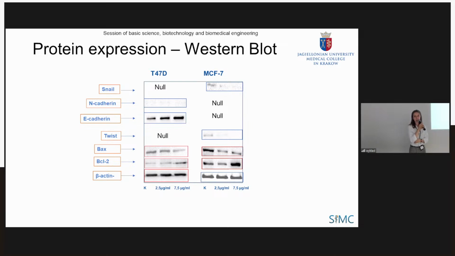What is concerning is the low expression of N-cadherin, because it would be our potential target for antibody capturing. However, right now a third cell line will probably be included in the research, one that has a higher expression of N-cadherin, so we will also examine its impact on that.